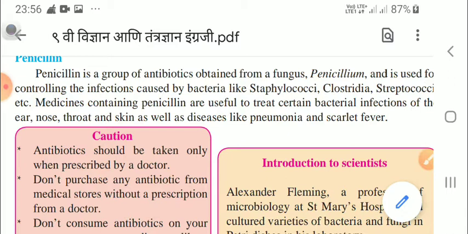And here the topics such as caution, introduction to scientists, wonderful to know, these all topics are cancelled for you. So let me cancel.